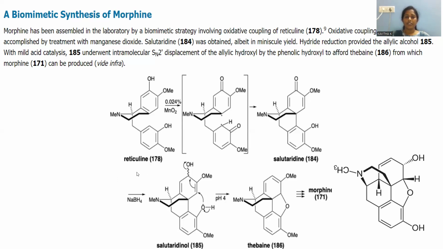Reticulin was taken, initially oxidized, followed by enolization, followed by cyclization, then a reduction process was carried out, followed by hydrolysis. This entire process is the biomimetic synthesis of morphine.